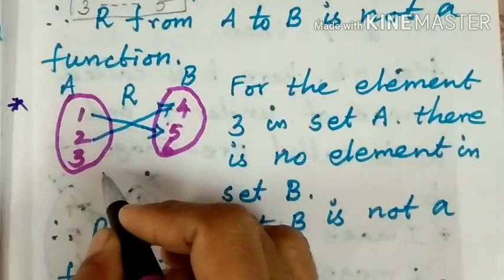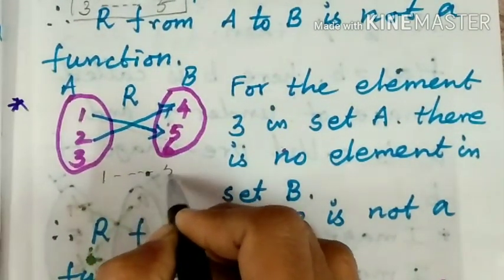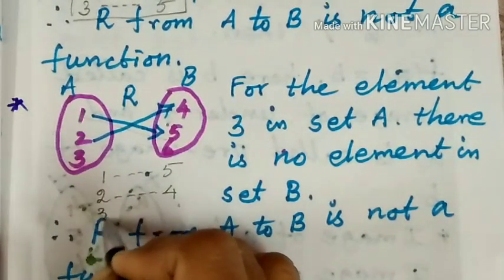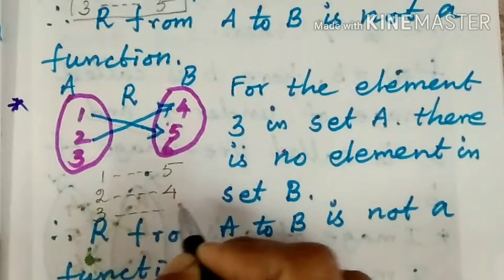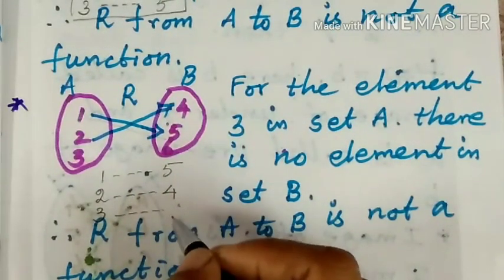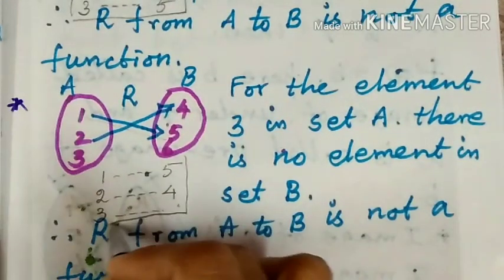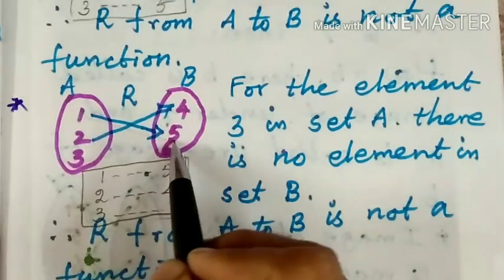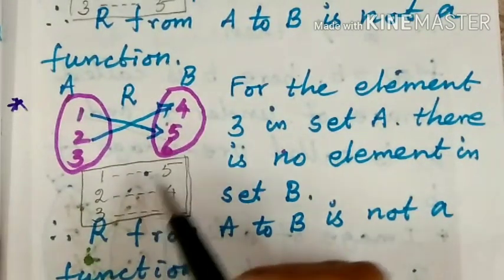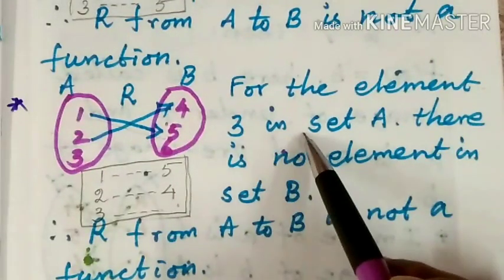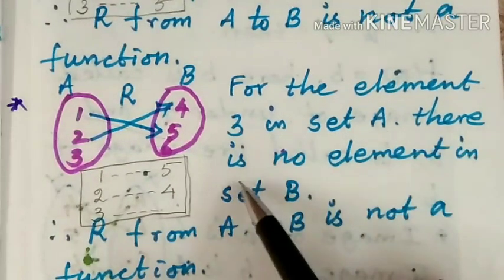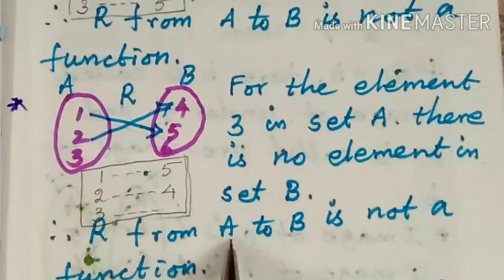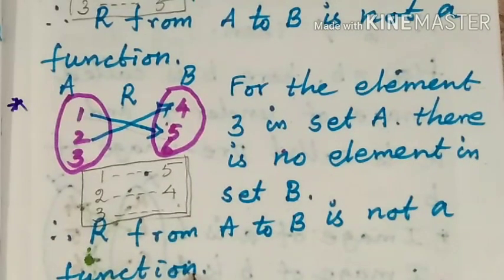See, in this question 1 is associated with 5, 2 associated with 4, but 3 is not associated with any element of set B. From this, what do you observe? 3 has no element in set B. So for the element 3 in set A, there is no element in set B. Therefore, R from A to B is not a function.